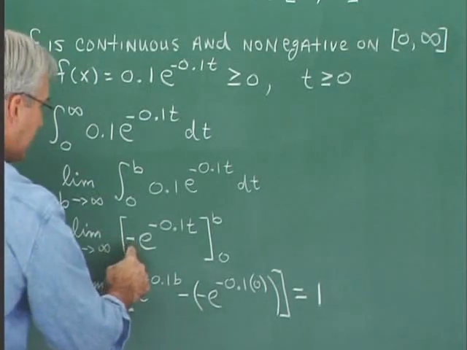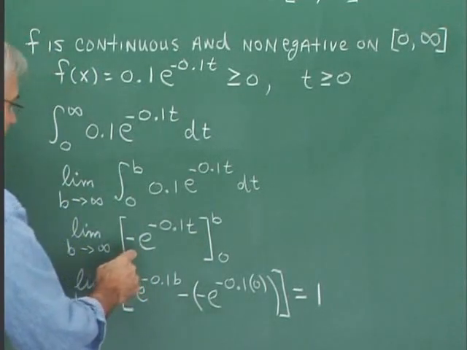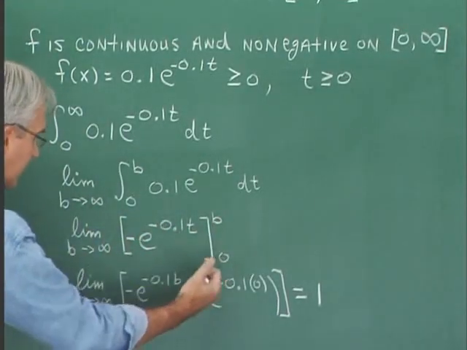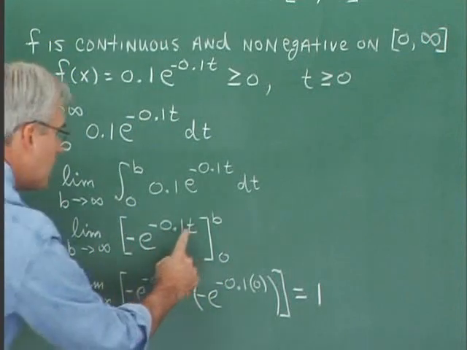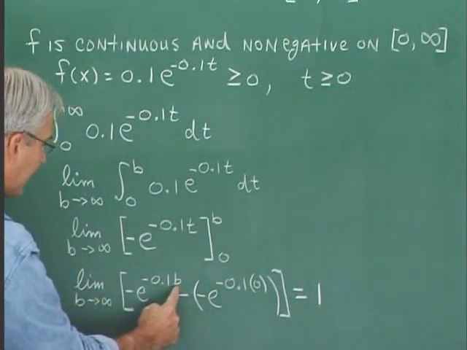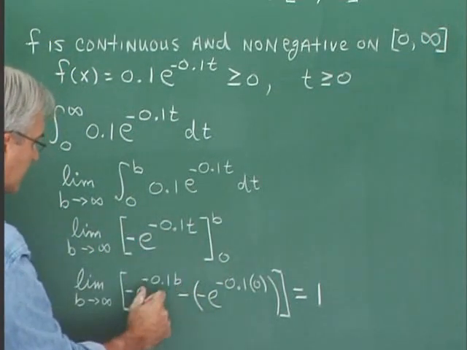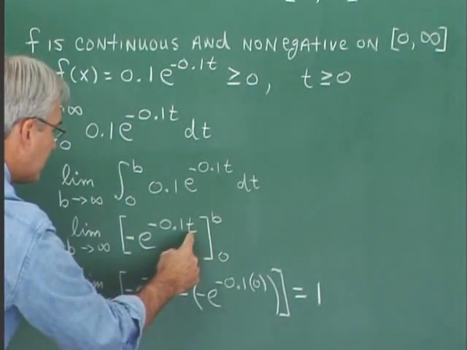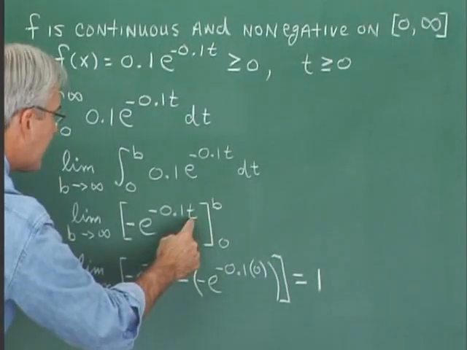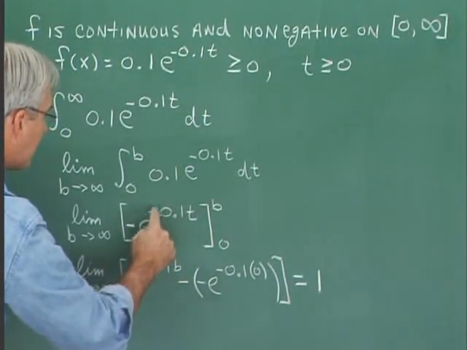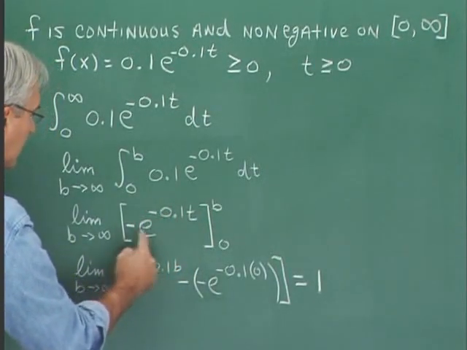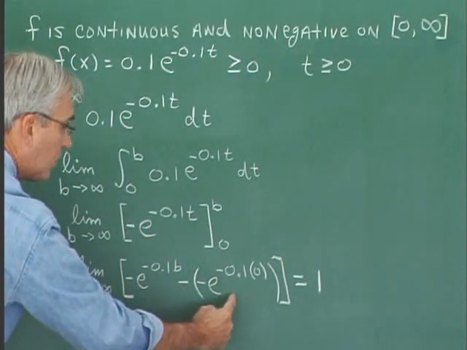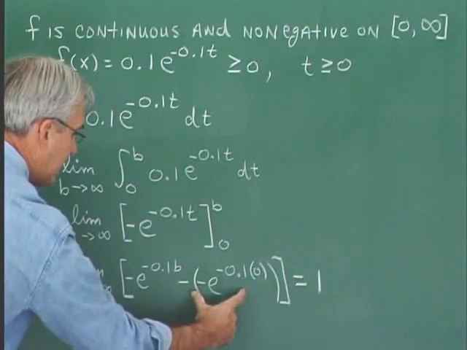The integral is this, and it's rather interesting, the replacements for the b and the 0 when we get to that. When b replaces t, we have this. Okay, that's self-explanatory. When 0 replaces the t, we have a 0 exponent here. e to the 0 power is 1, so this is -1. So this is minus -1, which is going to become plus 1 right here.